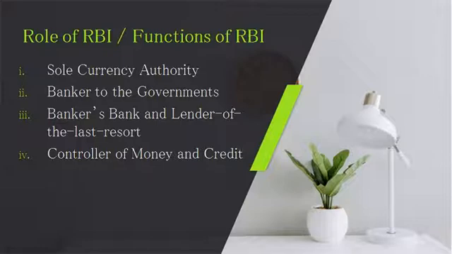Some interest rate will be prescribed for agricultural loans, and some interest rate for business loans. Different kinds of interest rates can be set for credit as well. So these are some of the roles of the RBI.